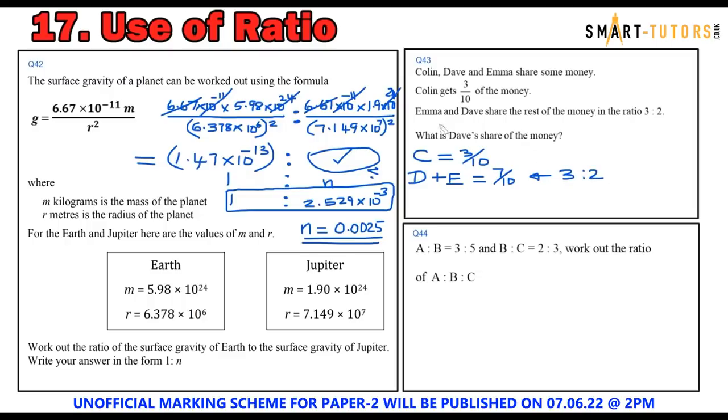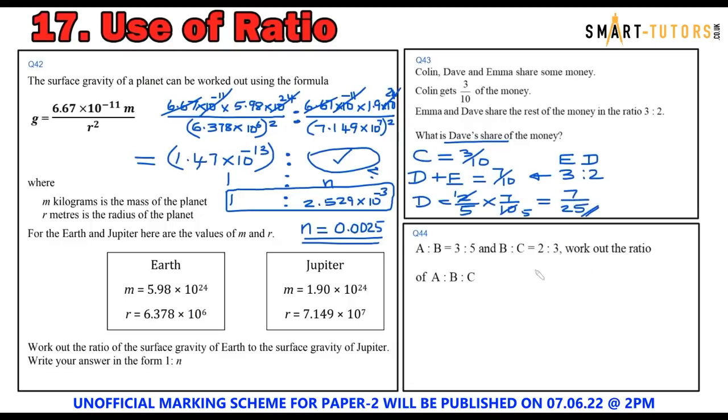Here is the trick: this is Emma and this is Dave, so Emma to Dave is 3:2. What is Dave's share? Dave gets 2 portions out of 5 times the leftover 7/10. So 2 goes into 1, 2 goes into 5, so that is going to be 7/25, which is the correct answer.